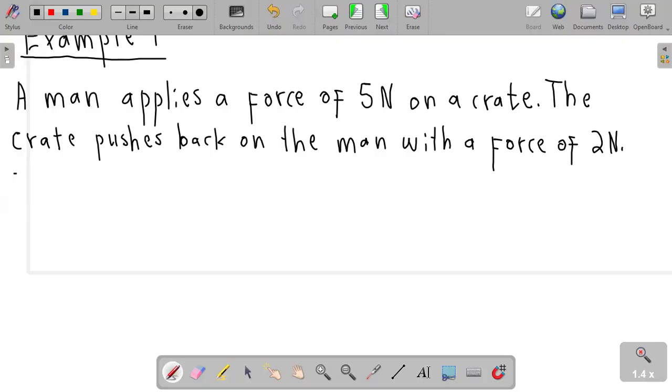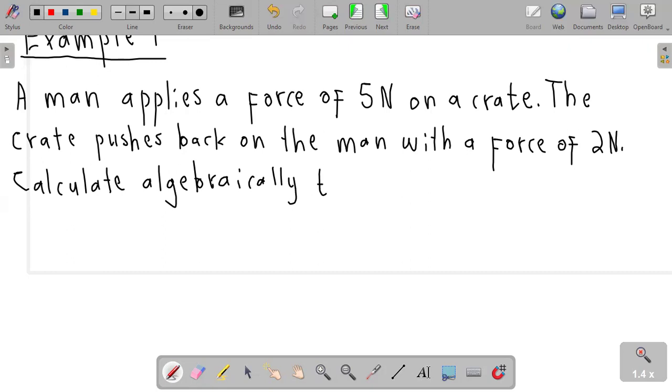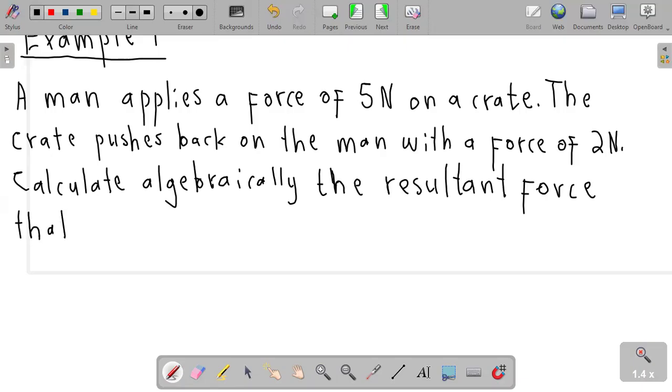And then they say, calculate algebraically the resultant force that the man applies to the crate.